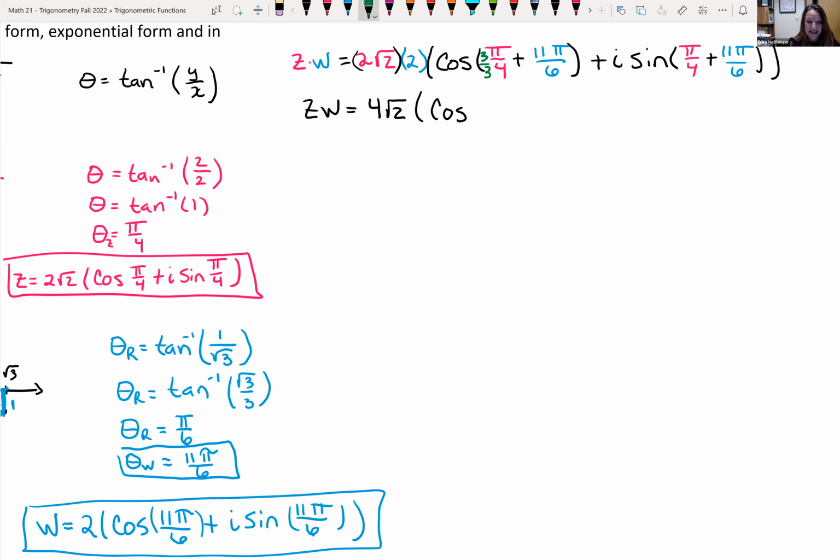And to get the common denominator of 12 for 11 pi 6, I would multiply this by 2 over 2. So I have 3 pi 12ths plus 22 pi 12ths. So 3 pi plus 22 pi, that is 25 pi over 12. Plus i sine, I already did the work for the other one, which is 25 pi 12ths.